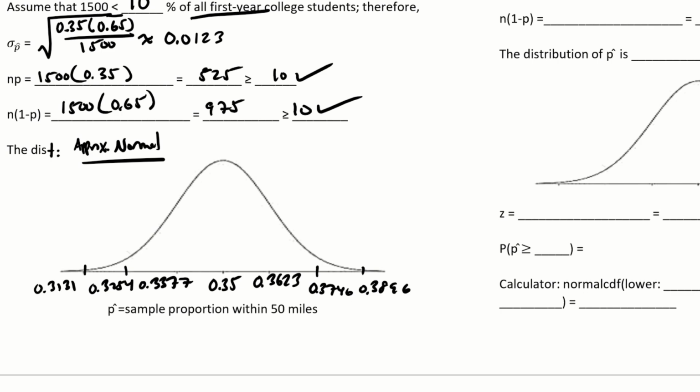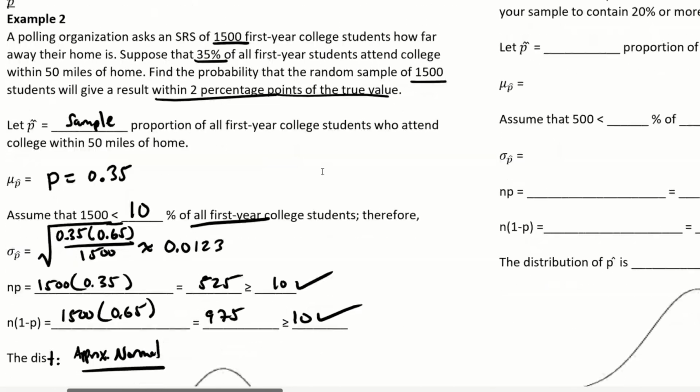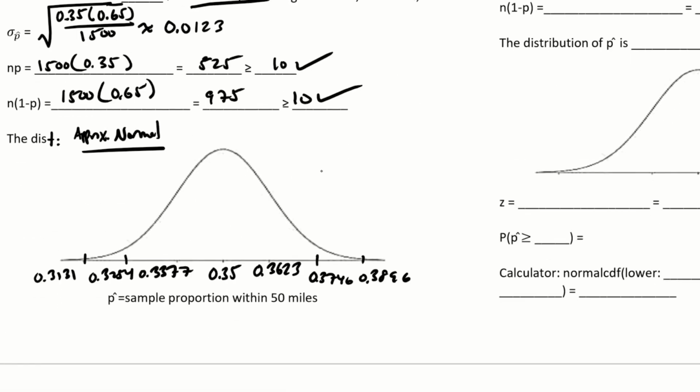All right, so that's that. Now we want it to be within 2 percentage points, according to what it's saying here, within 2 percentage points of the true value of 35. So really what they want is for the p hat to be 0.35 plus 0.02, and 0.35 minus 0.02, within 2 percentage points.